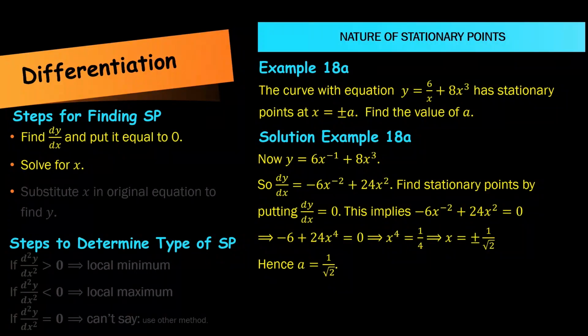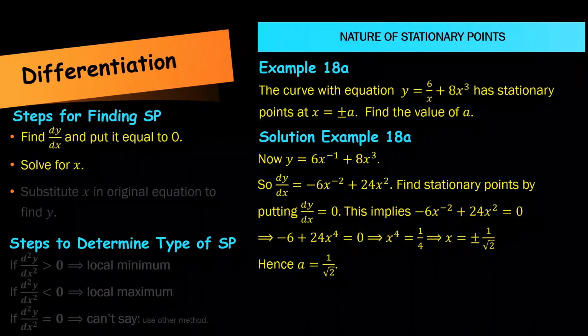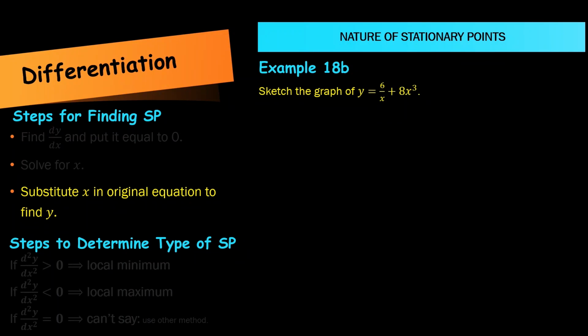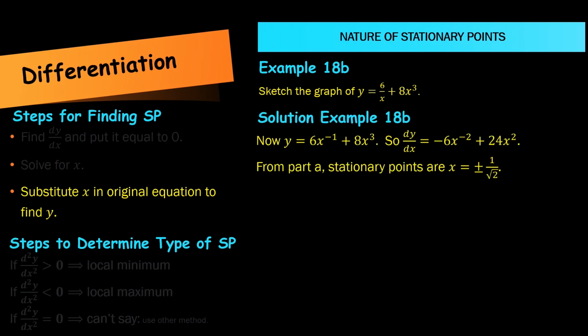Now let's sketch the graph of y equals 6 over x plus 8x cubed. So here is the key information from part A. When x equals 1 over root 2, substituting this into the equation for y gives us that y equals 6 root 2 plus 8 over root 2 cubed.